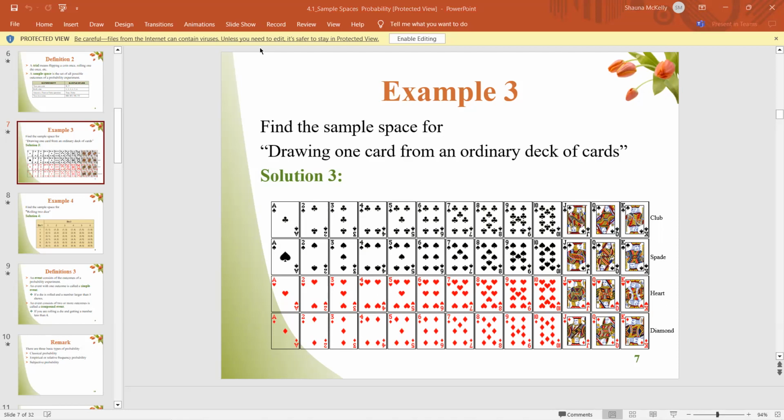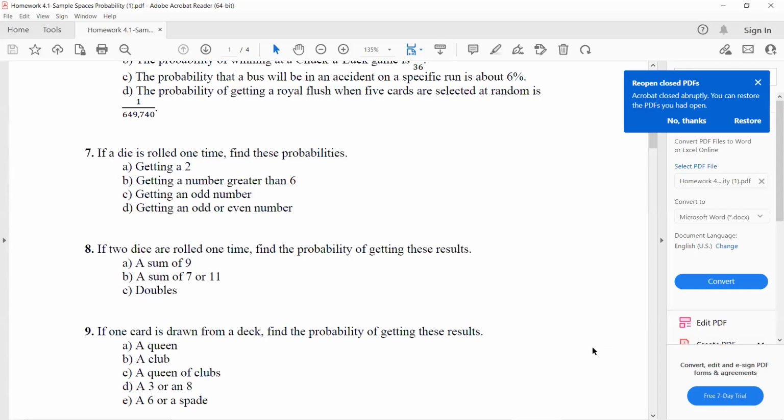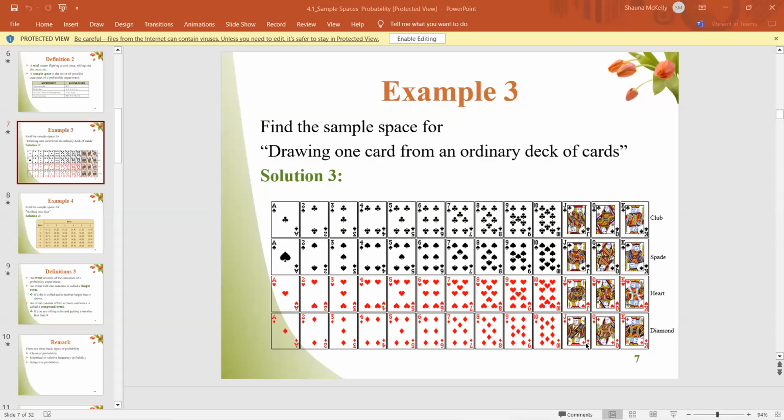So here's our first probability. We want to find the probability of getting, we're drawing 1 card. Sometimes in other sections, we're going to draw more than 1, but right now we're drawing 1 card. What's the probability of getting a queen from that? Let me just go to the chart.